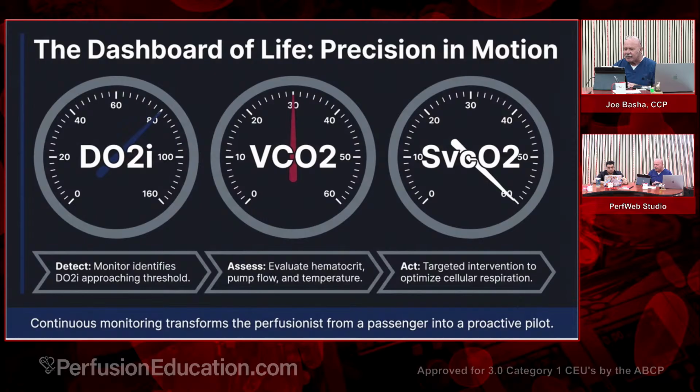Take a look at the VCO2 and then look at your central venous saturations and your CO2 production. All of these things are there to basically look at three things to evaluate how you are perfusing the entire organism.